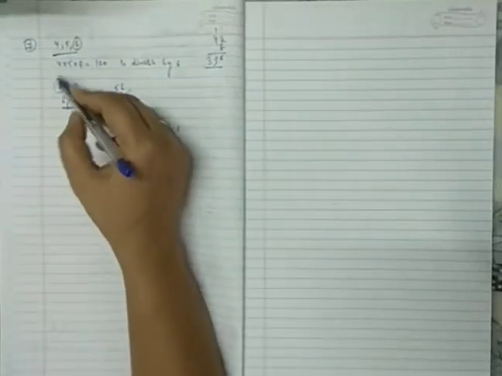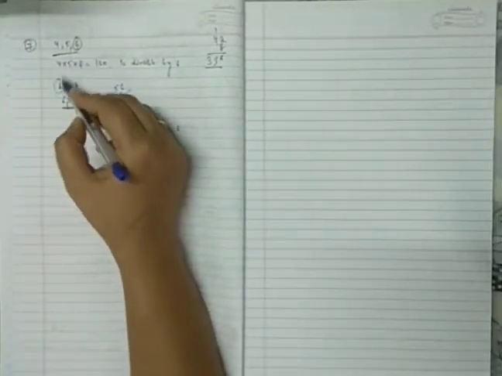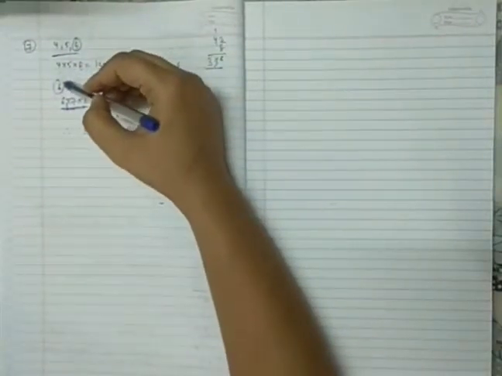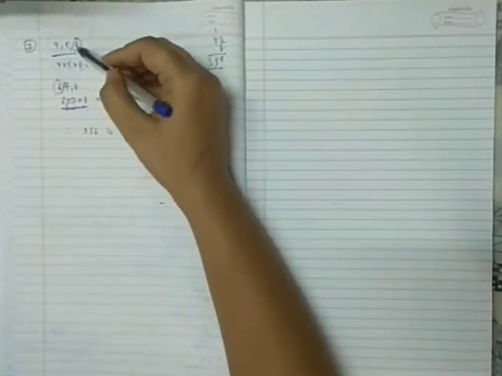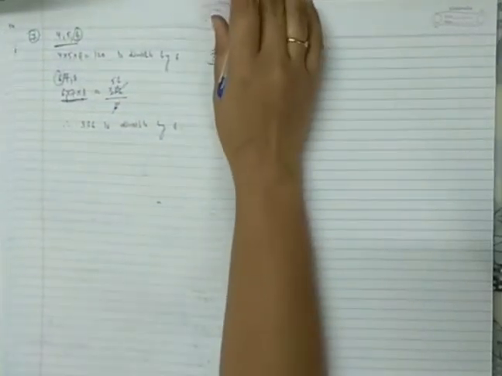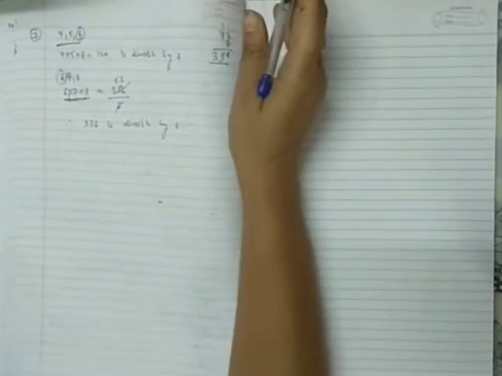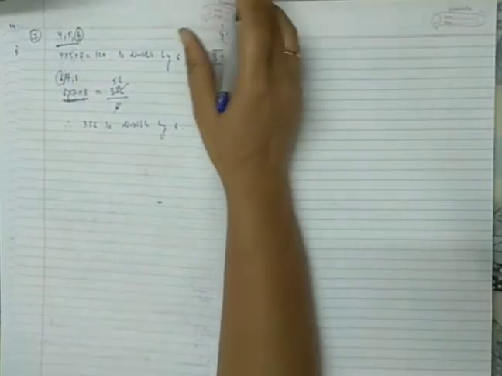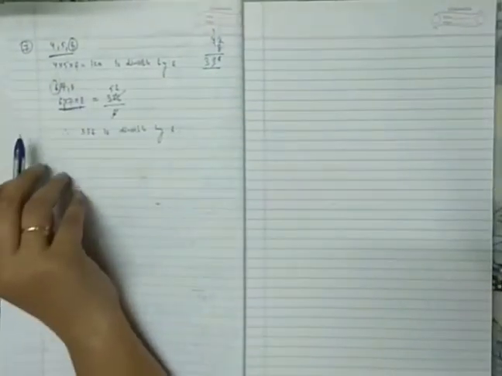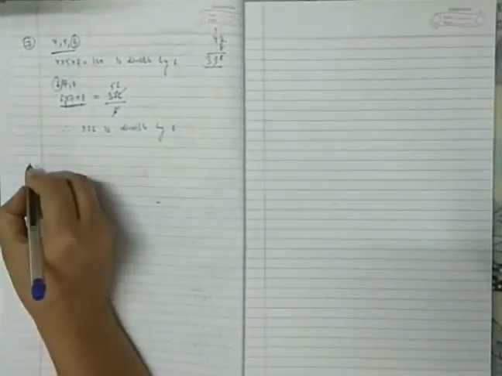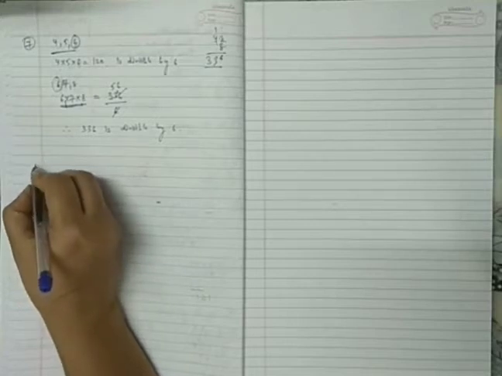It is a multiple of 3 and it is even also. If it is even, then it is a multiple of 2 also, right? And the same number is a multiple of 3 also. So if the number is a multiple of 2 and 3 also, definitely the number will be a multiple of 6. So that is the reason. Now question number 7 is over. Now question number 8.